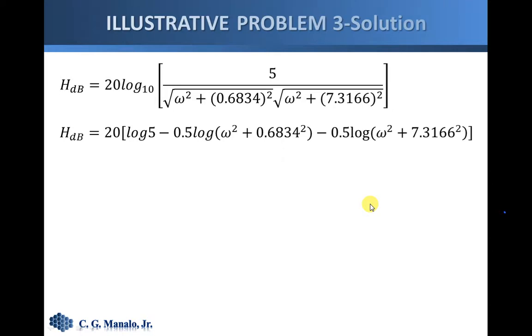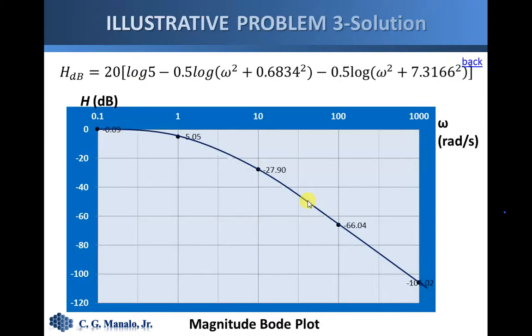So we simply get the log of H and multiply it by 20, applying the normal properties of logarithms. Doing so, we'll get a plot which is like this. How does this plot go?